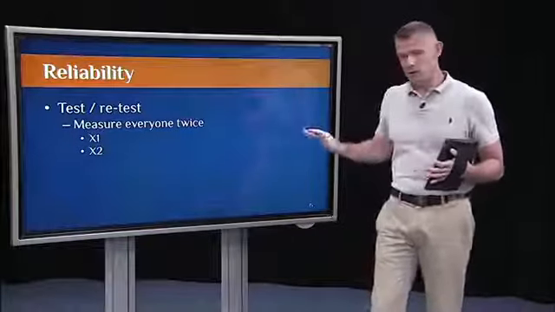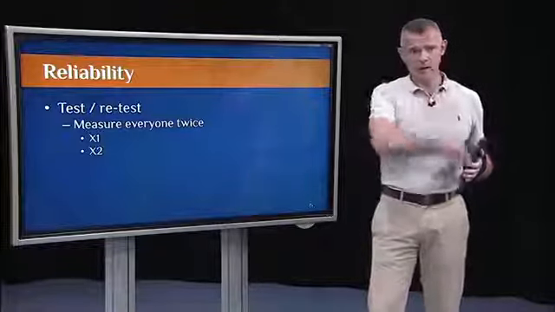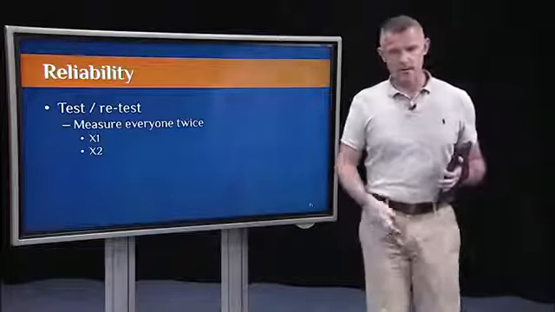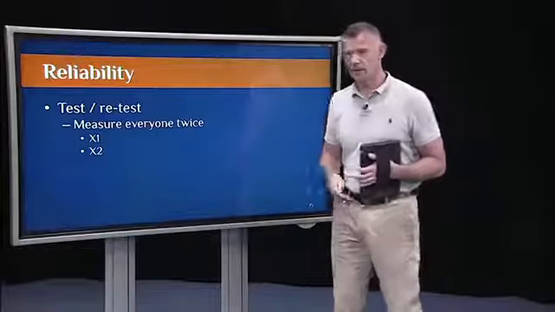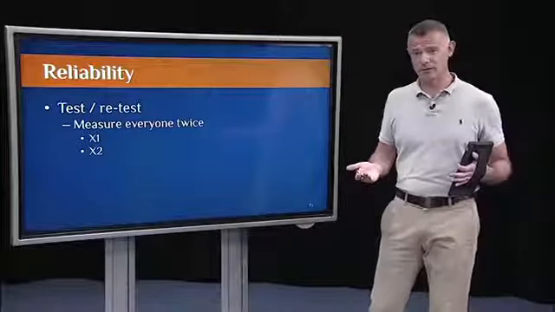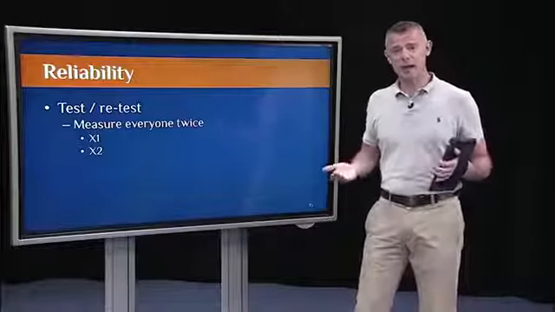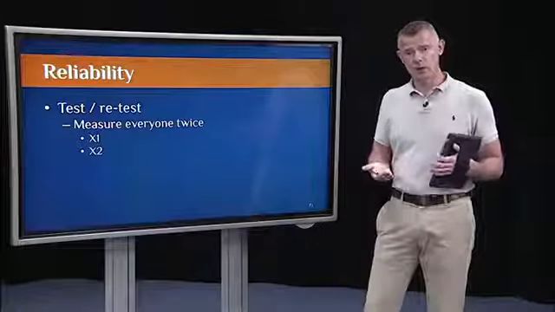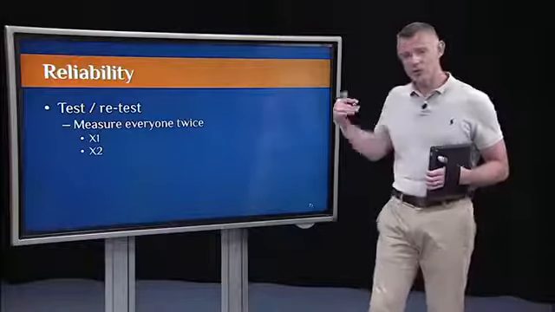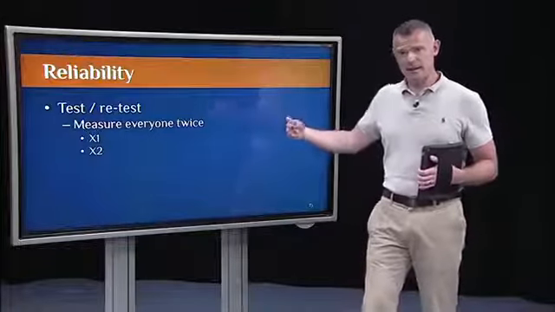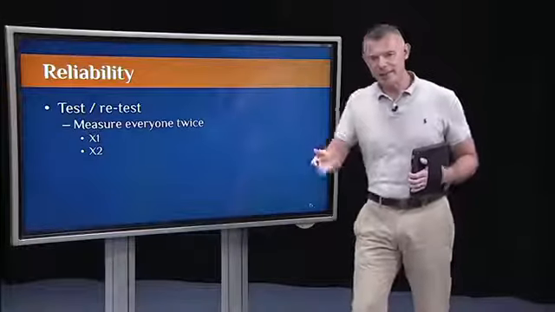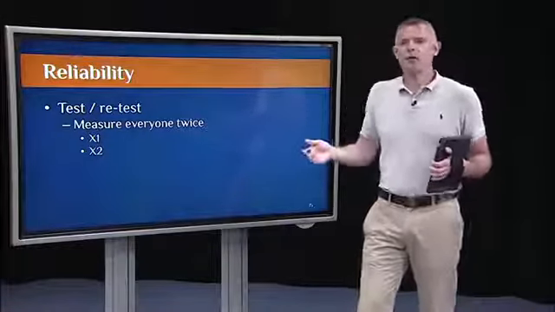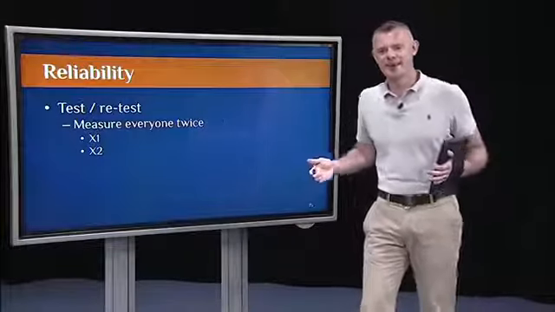If there's no correlation between measuring, say, your weight on a scale the first time and weight on a scale the second time, then that's a completely unreliable scale, right? That's unreliable. The correlation's 0. What that means for correlational analyses is if something correlates with itself at 0, it can't possibly correlate with anything else, right?